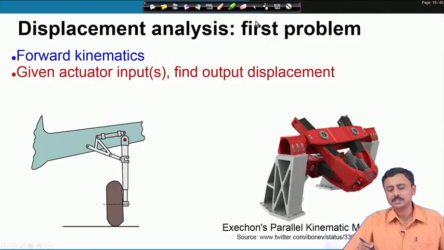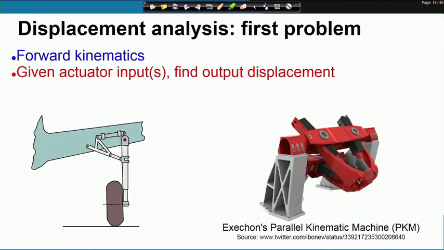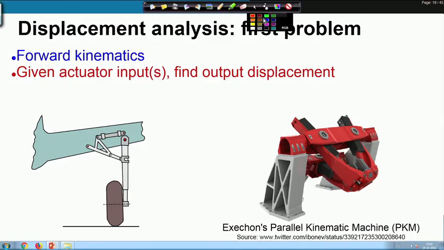Or for example, in this parallel kinematic machine, if I give the expansion of these actuators, where is the end effector of the manipulator of the machine? This is known as the forward kinematics problem. So, given the actuator inputs, where is the end effector or the output link?